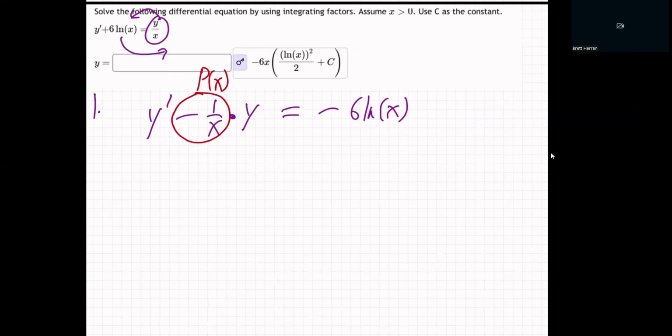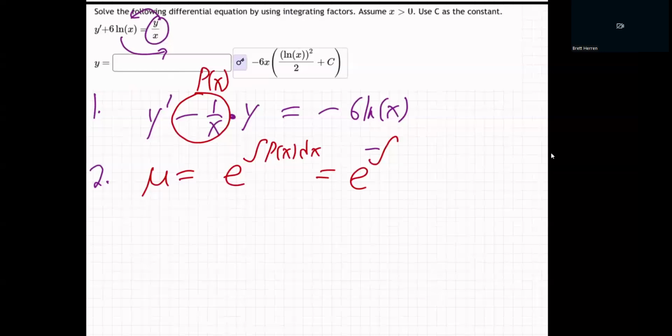See how it's what's next to y. So step two then, the integrating factor, is e to the integral of p of x dx. The minus here is 1 over x dx, right? It's p of x.